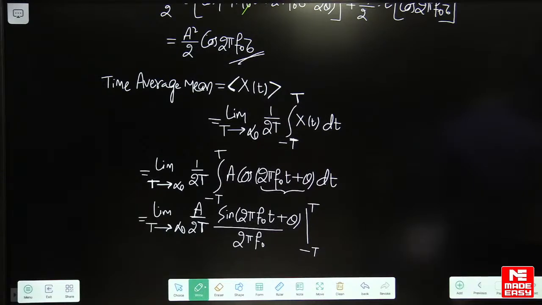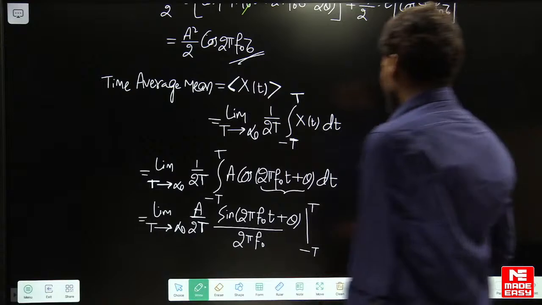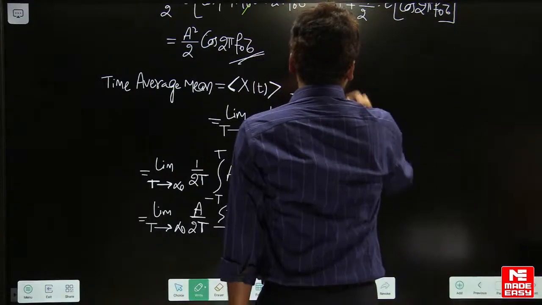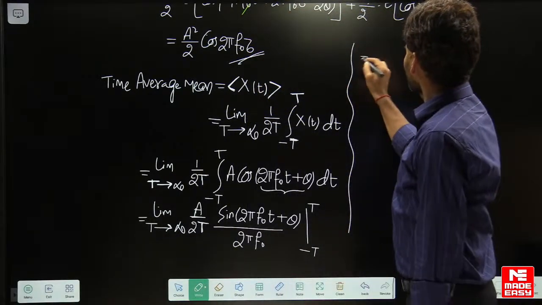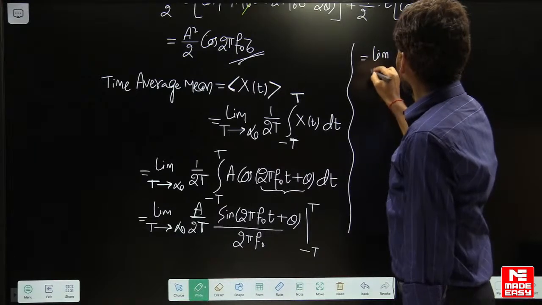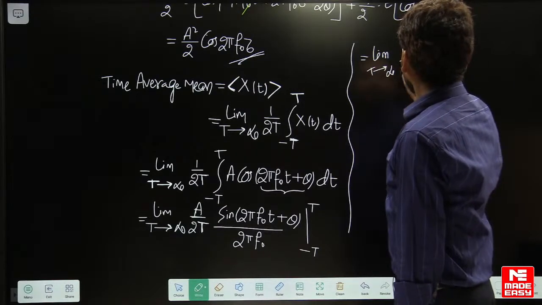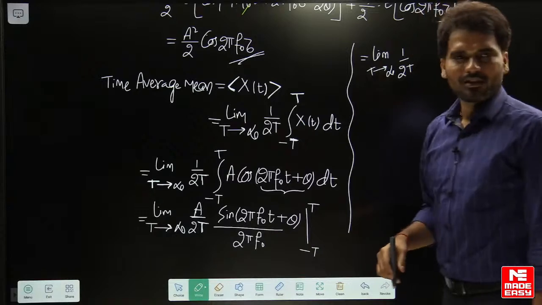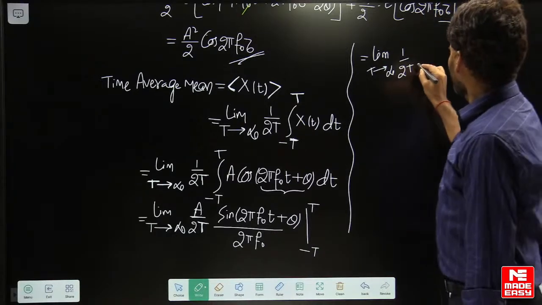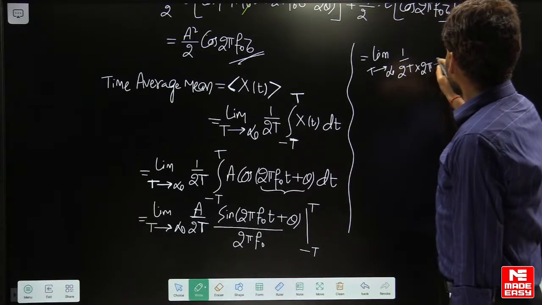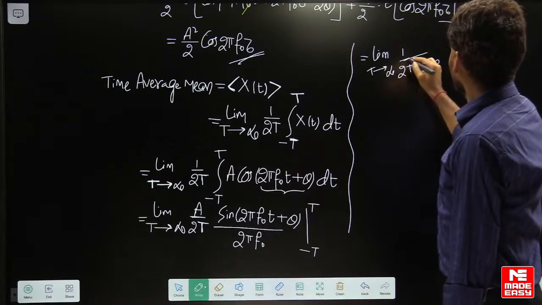So do check what you will get for that. Let me write here, I'm continuing here. Limit t tends to infinity, 1 by 2t, into 1 by 2 pi f naught, you can write 2 pi f naught outside.